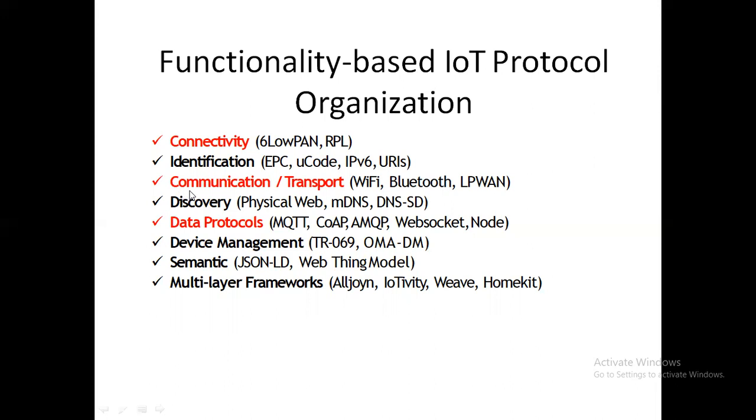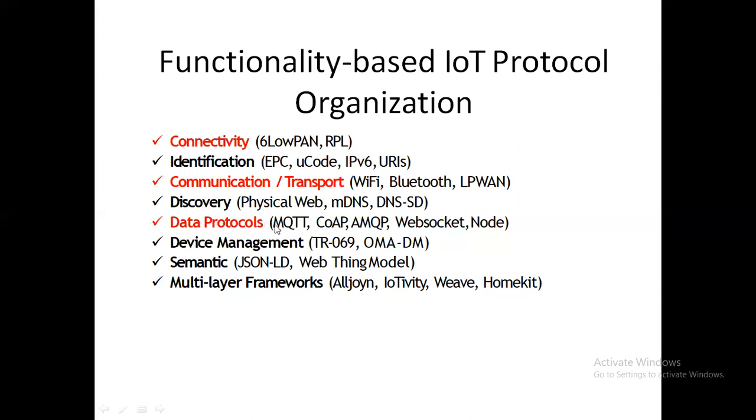When we talk about communication or transport, it is how the data is going to be transmitted using Wi-Fi, Bluetooth, or LPWAN. These are different communication protocols or transport levels to transfer data from one end to the other. Discovery uses physical web, mDNS, DNS-SD.